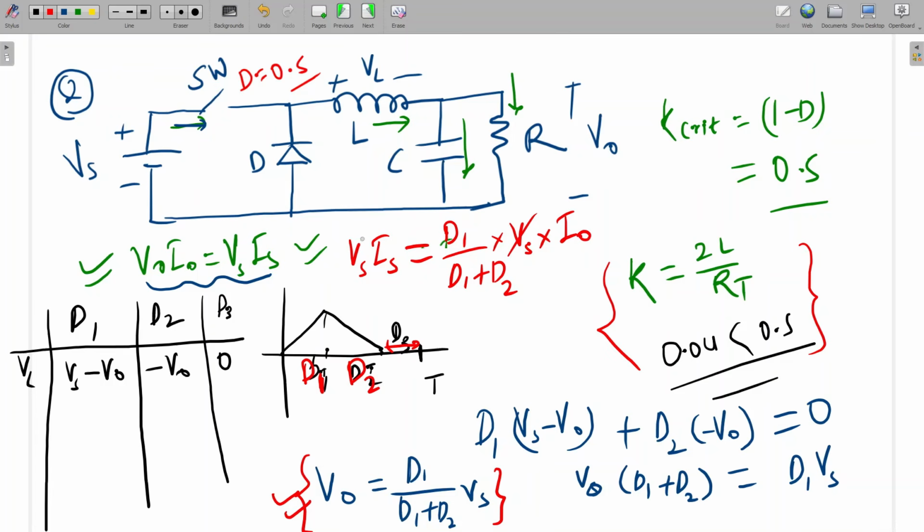So Vs will cancel, and Is will be D1 divided by D1 plus D2 into I0. Is it clear? Is this average source current equation clear to all?